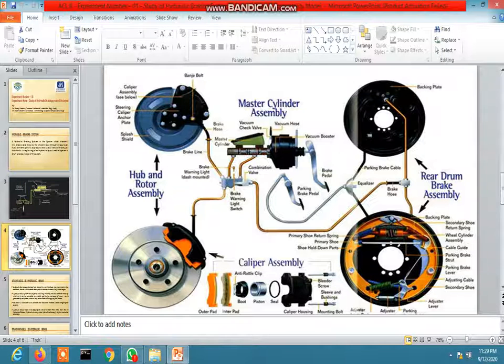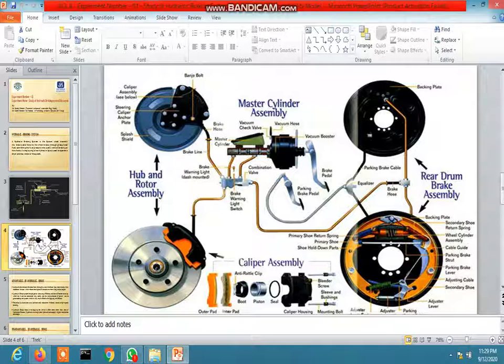Now here is the picture of the construction of the master cylinder. Here it is shown there are two pistons. So there are two pistons and two chambers, but the linkage is the same.